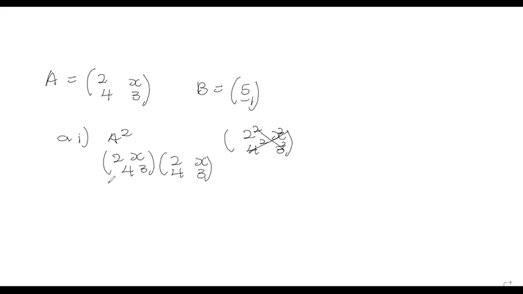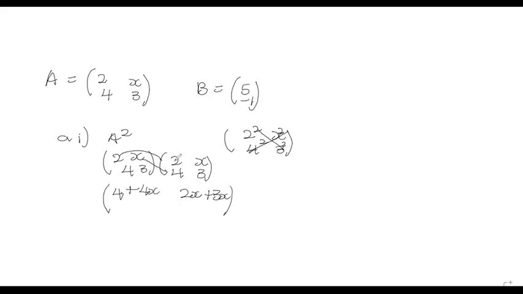And you know, how do you multiply these matrices? You will say 2 multiplied by 2 plus x multiplied by 4, so it's going to be 4 plus 4x. Then 2 multiplied by x, which is 2x, plus x multiplied by 3, which is 3x.